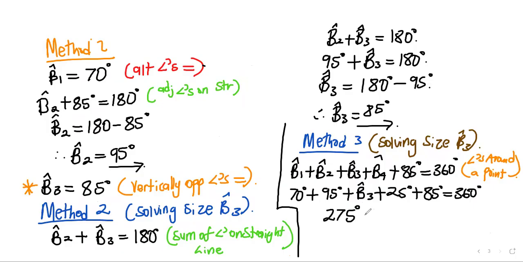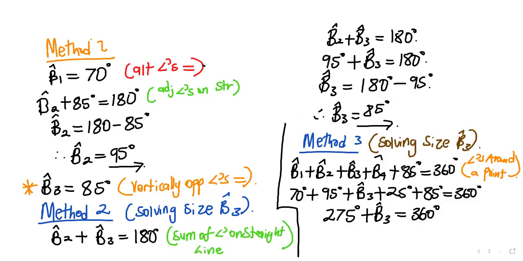275 degrees plus B3. Remember, you added 70 plus 95, plus 25 plus 85. We got 275. Then we say plus B3 equals 360 degrees.